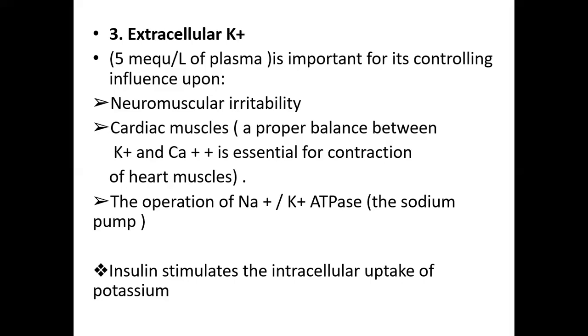Because one function of insulin is that it will allow the entry of glucose inside the cell, but not just that, insulin will also stimulate the intracellular uptake of potassium. Okay. So whenever you're giving anyone very large amounts of insulin, you need to keep a check on its potassium level as well.